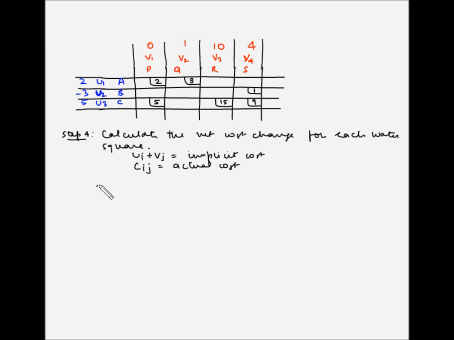And the net cost change is equal to Cij, so the actual cost of the unallocated squares, minus the sum of the variables Ui and Vj. So Ui plus Vj. So let me note down the cost of the unallocated squares here so that we can easily calculate.